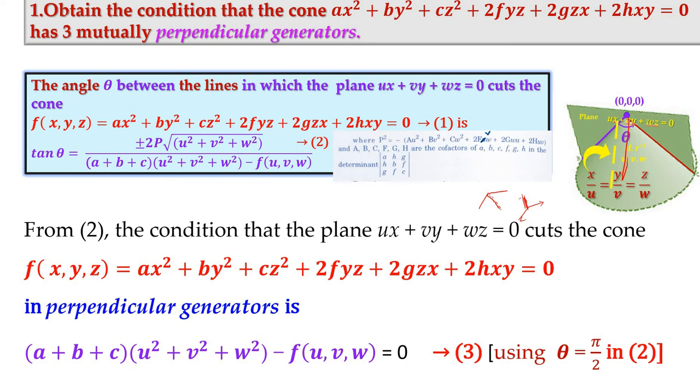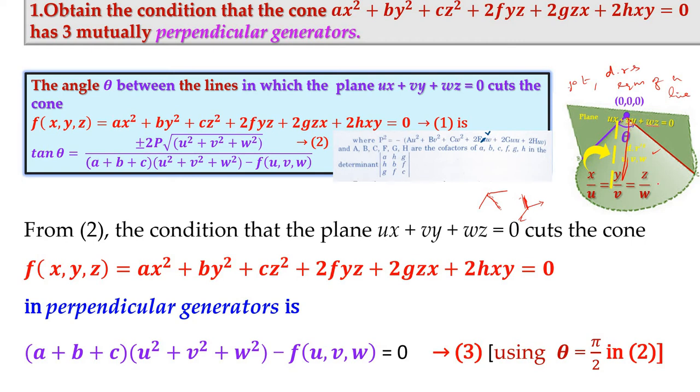If we know u, v, w to be the direction ratios, with the origin being a point on the line, we can easily write out the equation of the normal. How is the equation of the normal written? You have the direction ratios u, v, w and a point. If we know a point and direction ratios, we can write out the equations of a line in 3D.